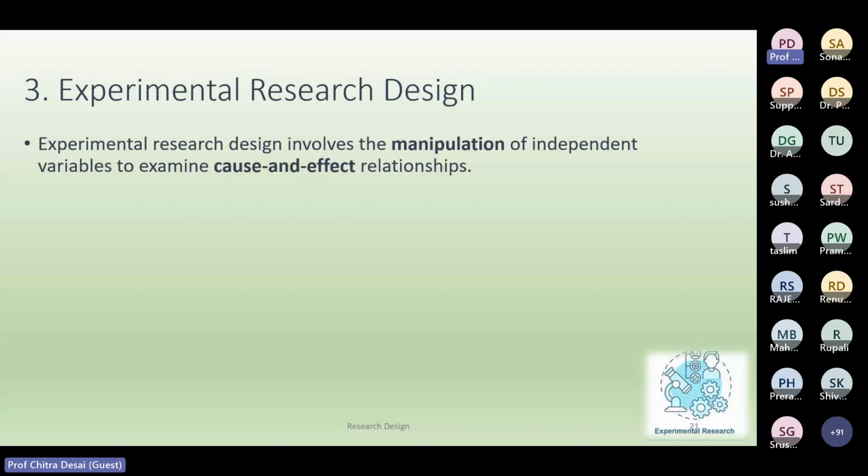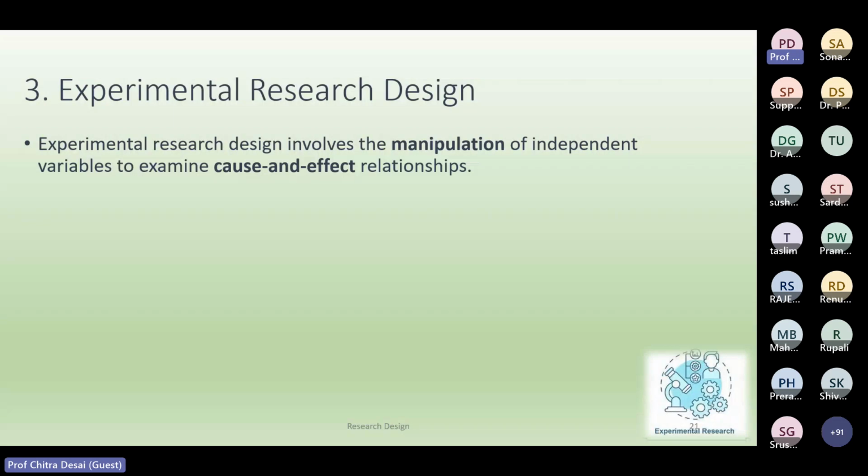Why is this important? Because when you are in front of a committee to present your research and which research design you are following, if you don't have clarity on what each research design focuses on, you may go wrong in defining the approach that you are adopting.